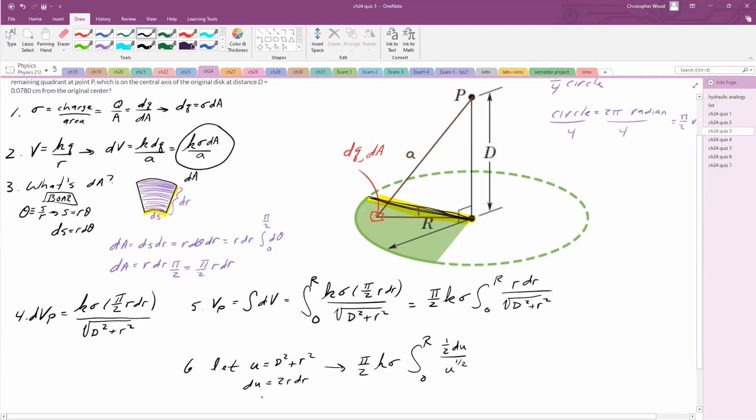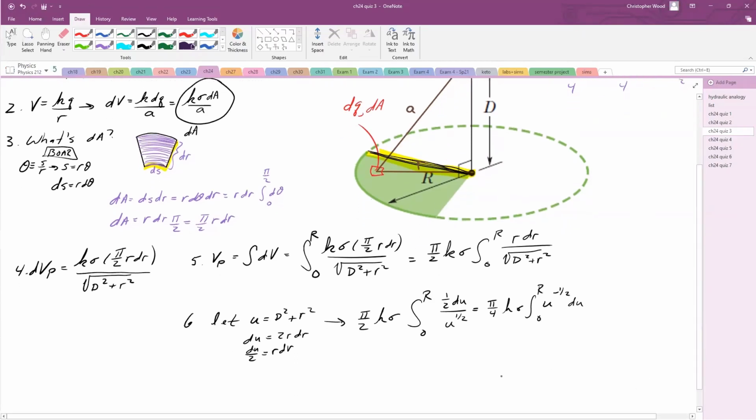Okay, so again, du over 2 equals r dr. So let's keep going with this. This is going to equal pi over 4 k sigma integral from 0 to r of u to the minus 1/2 du.